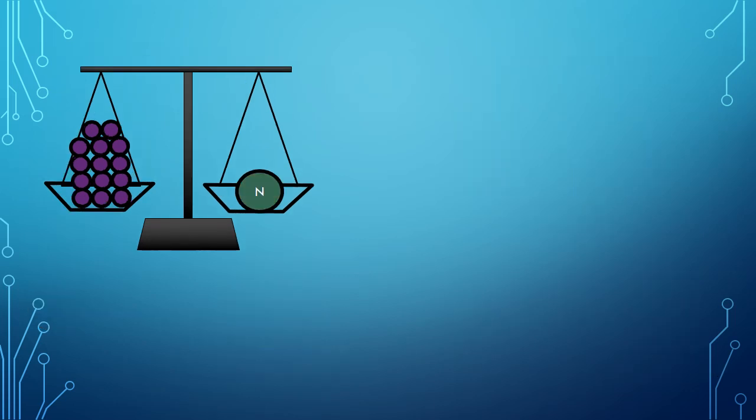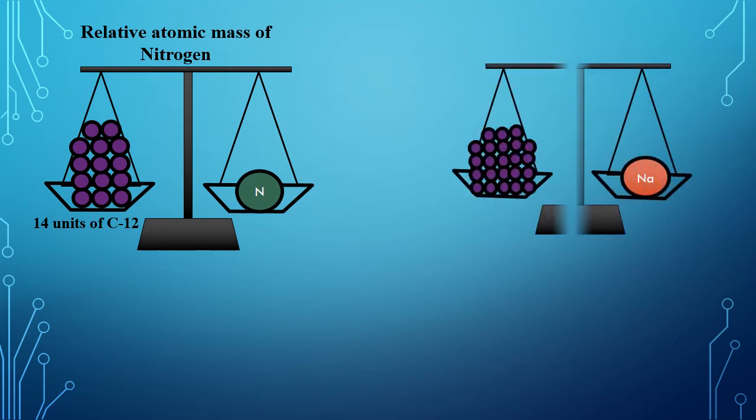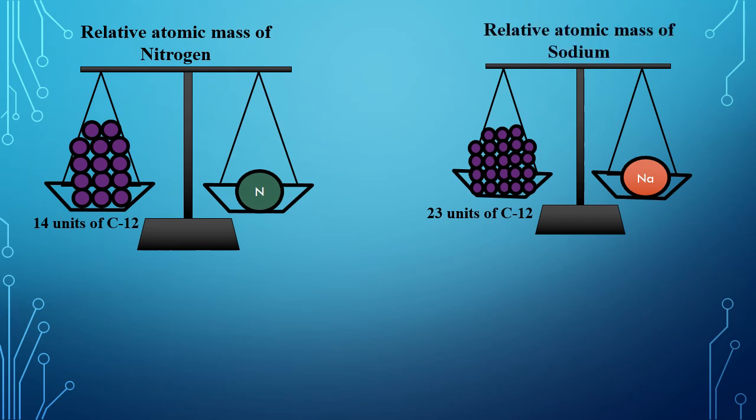Now listen carefully. As the mass of a single nitrogen atom is equal to 14 units of carbon, it is the relative atomic mass of nitrogen because it is compared with the standard unit of carbon atom. Similarly, the mass of a single sodium atom is equal to 23 units of carbon, so it is the relative atomic mass of sodium because it is compared with the standard unit of carbon atom.